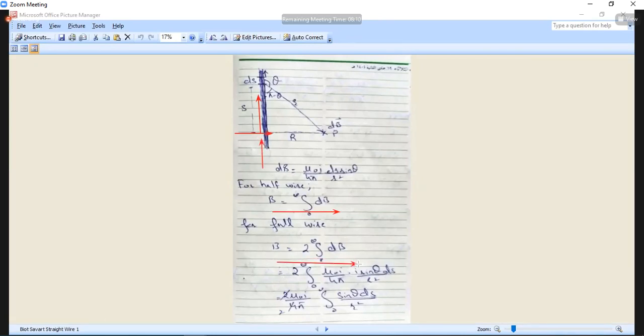Did you understand why I am taking 2 here? Yes, sir. No, sir. You are taking a wire, let's suppose this one is the wire. So I am finding the magnetic field at this point P, which is located at a distance R here.